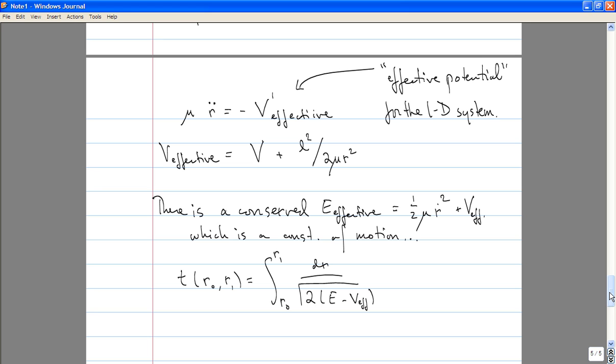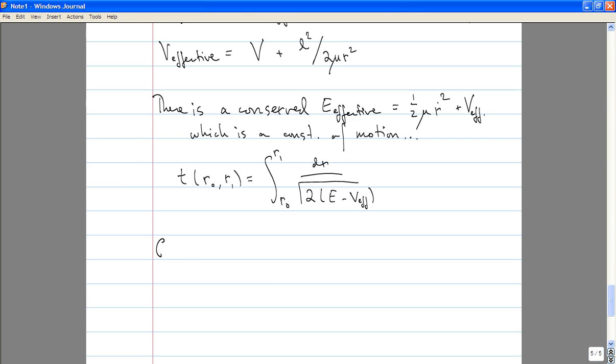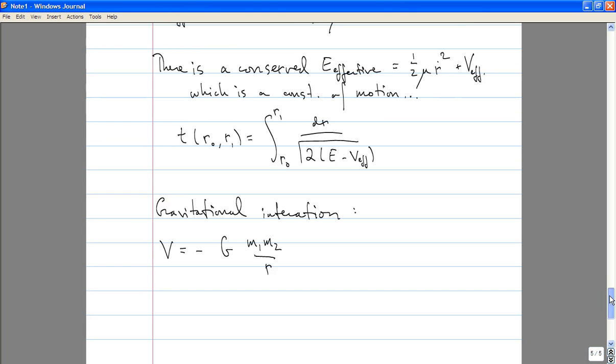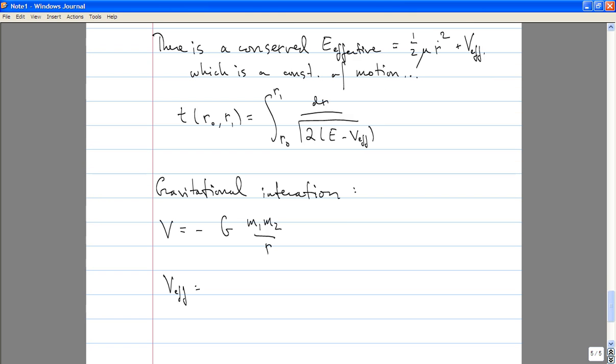Okay. So let's consider the case where I have two objects which are interacting gravitationally, such as the Earth and the Sun. In that case, the potential is minus Newton's constant G m1 m2 over r, and the effective potential is minus G m1 m2 over r.